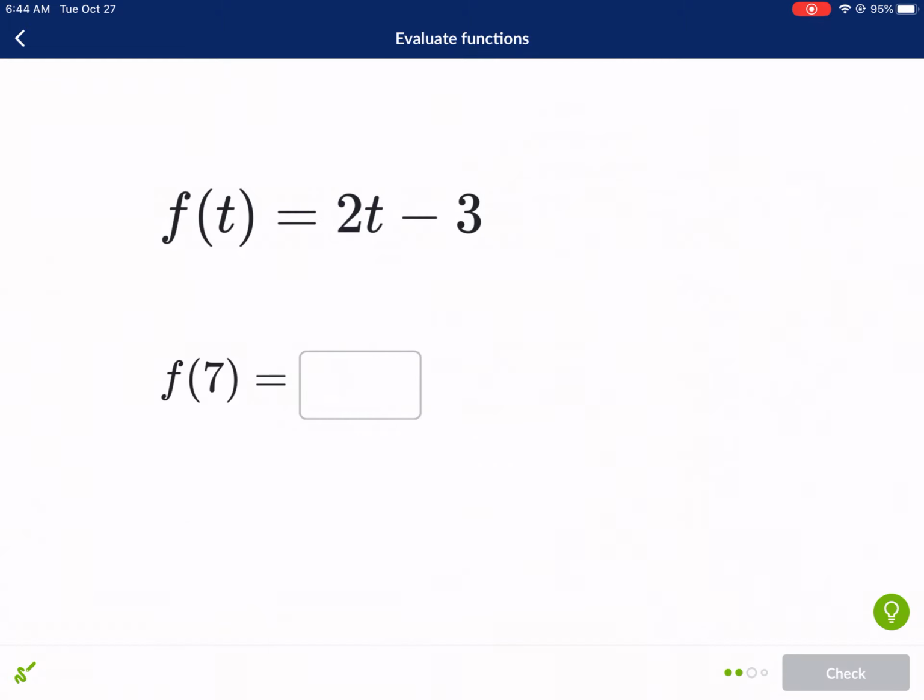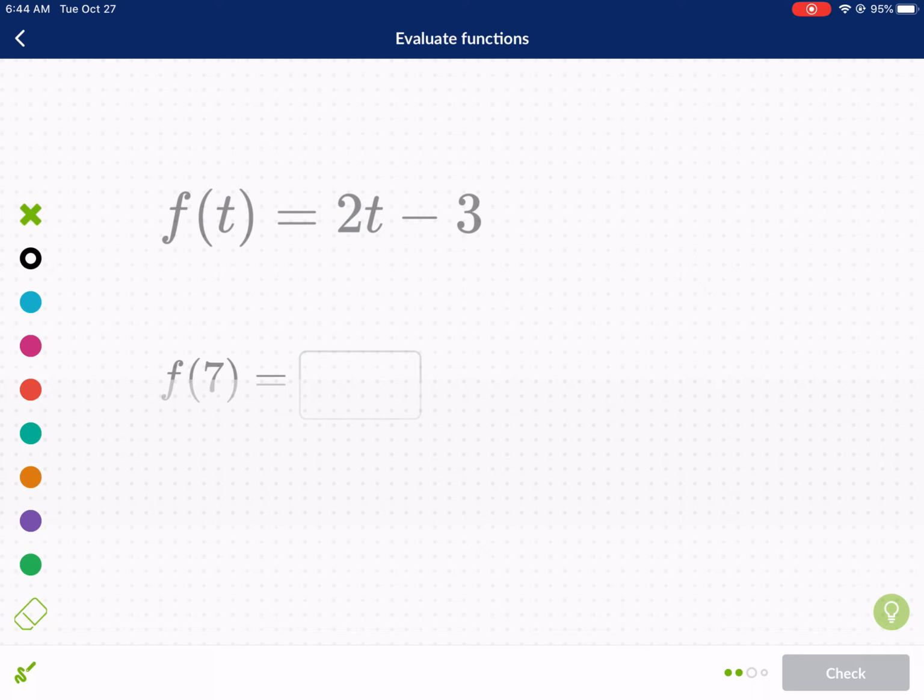All right, next question. F of t. Again, we have the function of t. Most of the time it's written as f, function of t. That's how you read this, function of t, or f of t, just for all those English majors out there. So we have 2t minus 3.